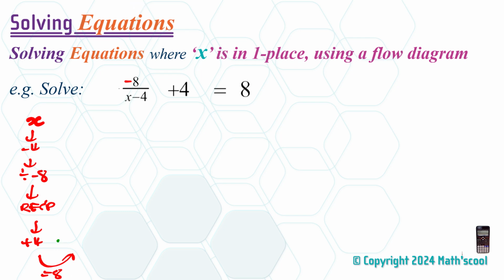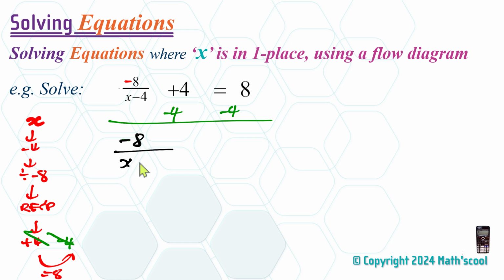So we're going to minus 4 from both sides. Minus 4, minus 4. So it's going to give us minus 8 over x minus 4 equals 4. Now we're going to recip both sides. Recip. It's going to cancel that out.